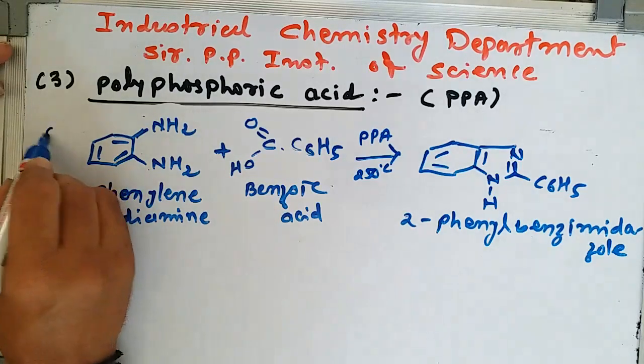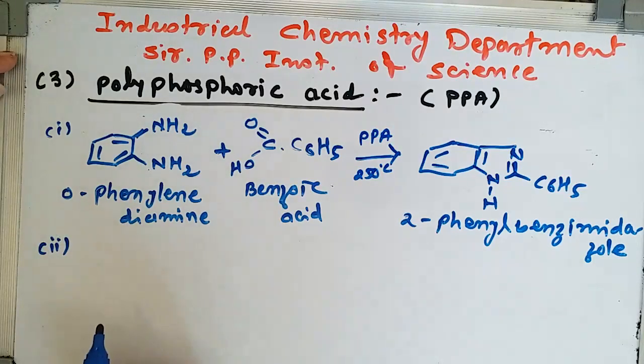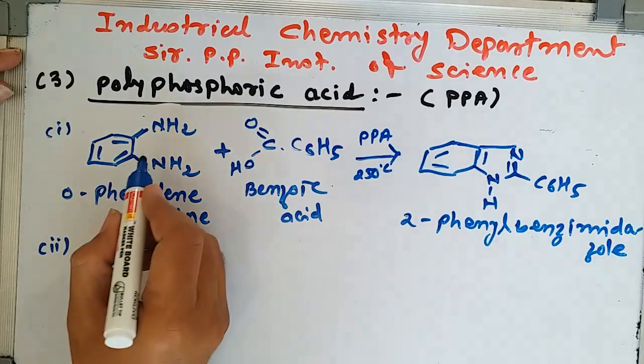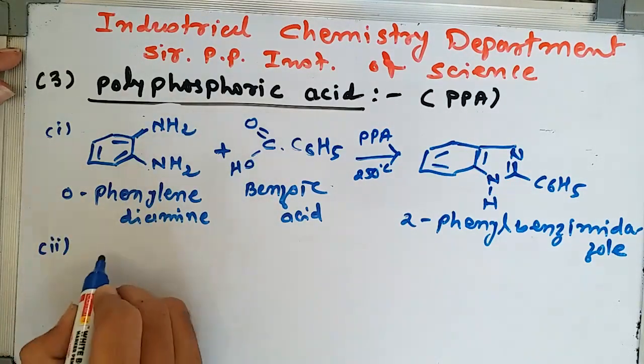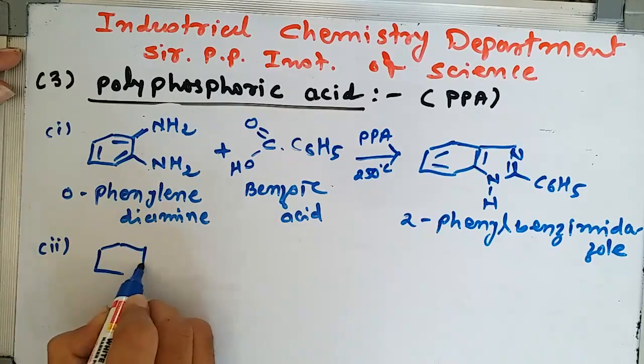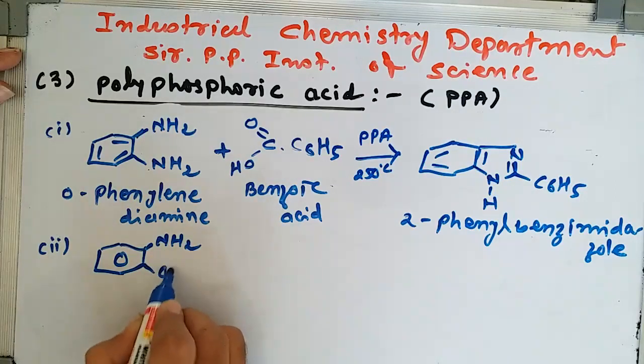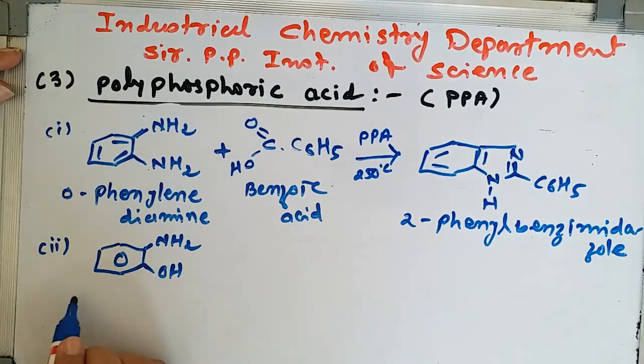Now the second one, we see for benzoxazole. Here the compound is orthophenylene diamine, but one amino group is converted into OH, then it is orthoaminophenol.